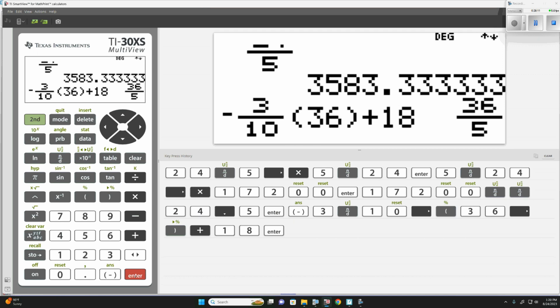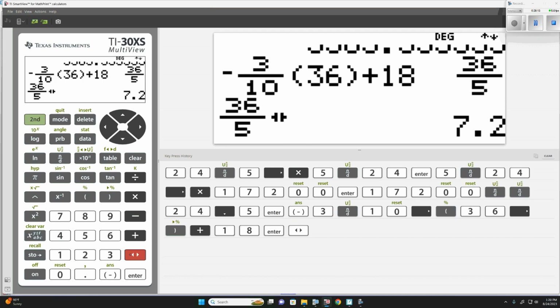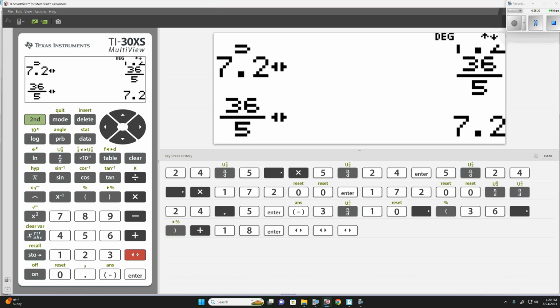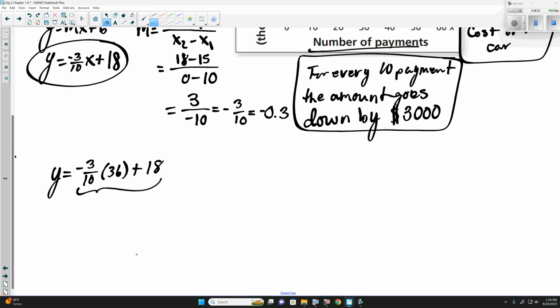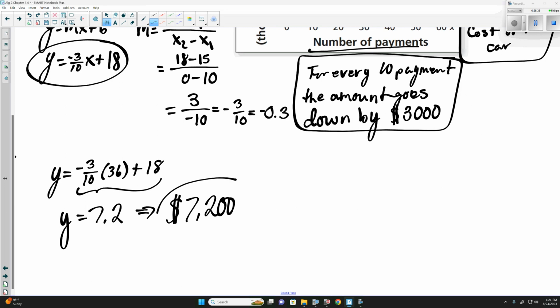Now the button above enter, the two arrows that face away from each other, goes fraction to decimal or decimal to fraction. We can switch between them. So it tells us that our y value is 7.2, which is $7,200.